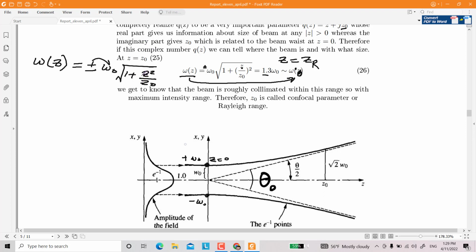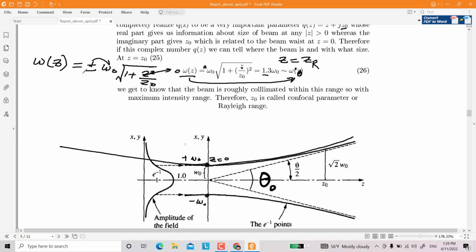Similarly, if you go on increasing the value of z, then omega z is equal to plus omega naught times this term, which says that your beam radius is going to increase. And obviously, if you go to the negative z-axis, again the same thing will happen.